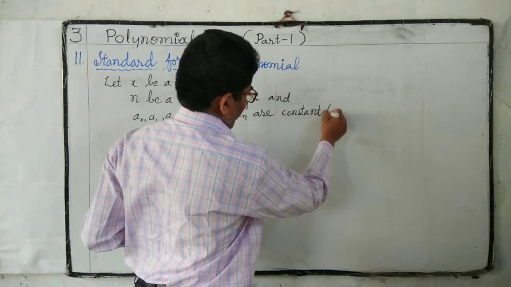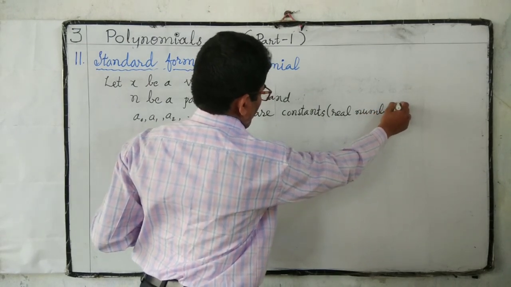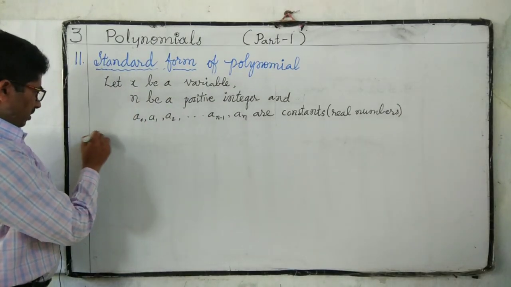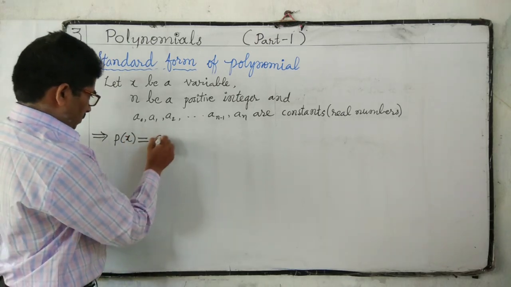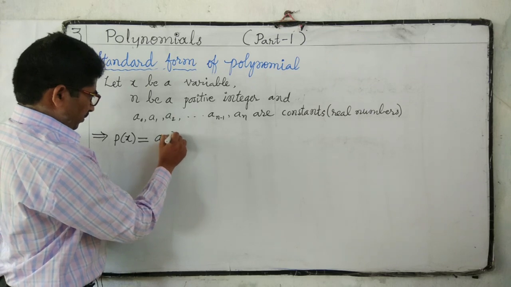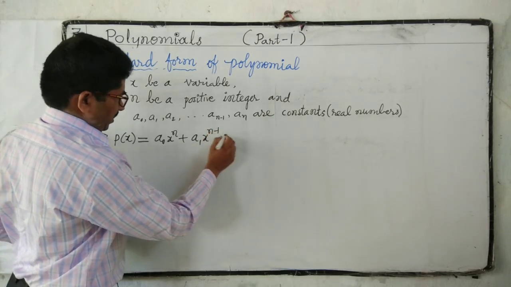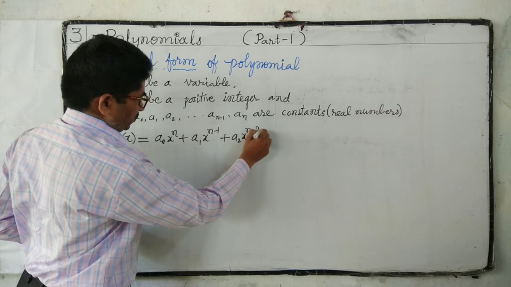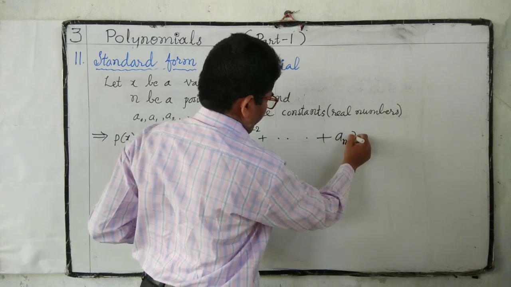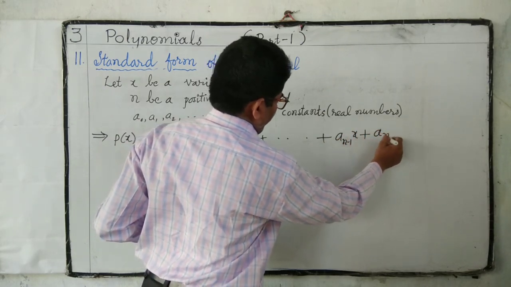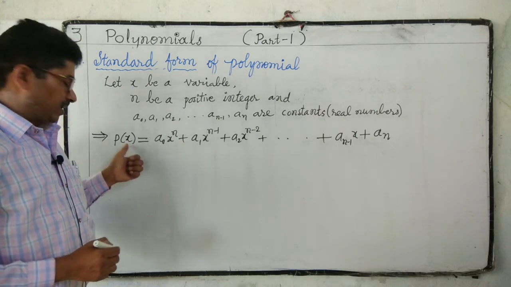Constants means real numbers. Then polynomial p of x is equal to a0 x to the power of n plus a1 x to the power of n minus 1 plus a2 x to the power of n minus 2 plus and so on, a n minus 1 x plus a n. x is a variable, it is a polynomial in x variable.